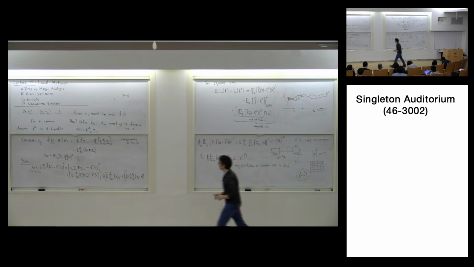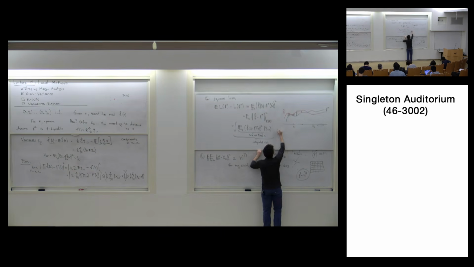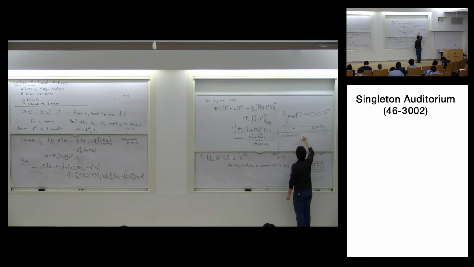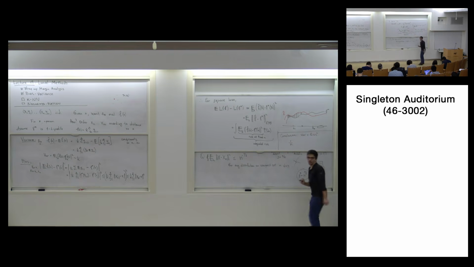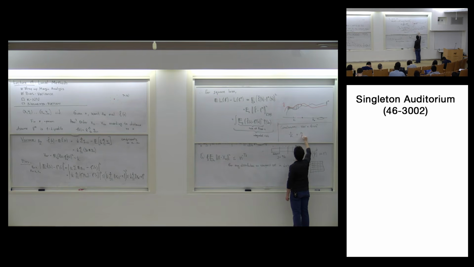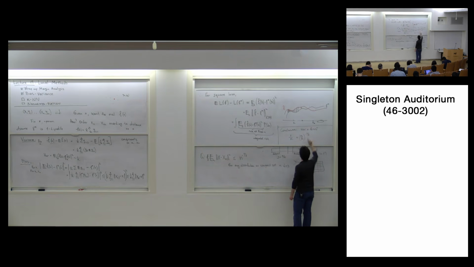So let me put these two together. Now I've got the conclusion: variance plus bias squared behaves like, so the variance is 1 over k, yeah? And the bias is n over k to the power minus 2 over d.